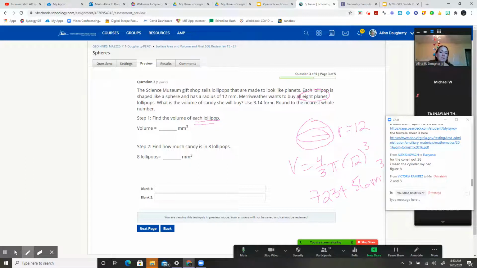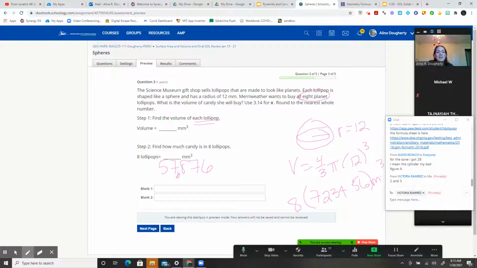And that's millimeters cubed. So find out how much candy is in 8 lollipops. Wow, that's going to be a really big number. We're going to multiply that by 8. So 57,876.